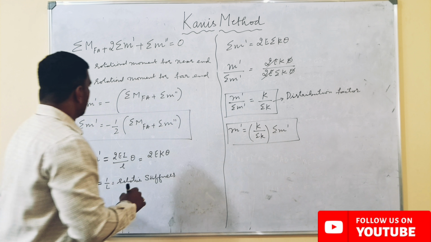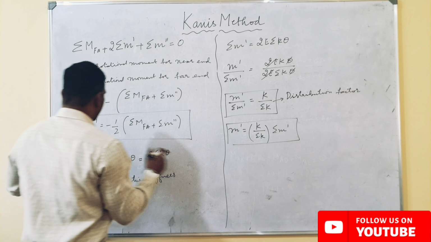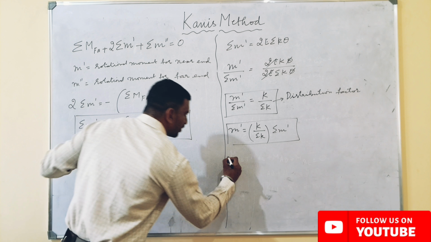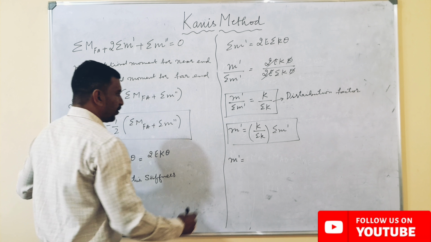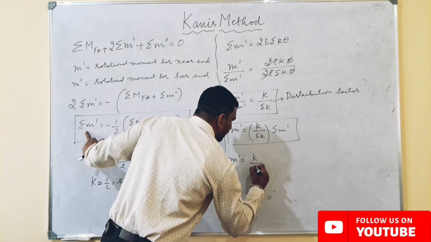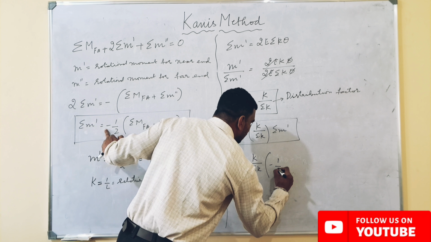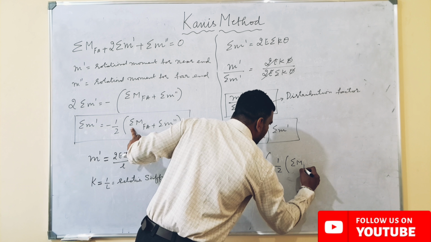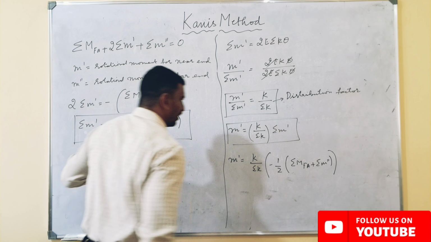So as we know, sigma M dash here is represented by minus half into sigma MFA plus sigma M double dash. So we can rewrite as M dash is equal to K by sigma K into minus half into sigma MFA plus sigma M double dash.